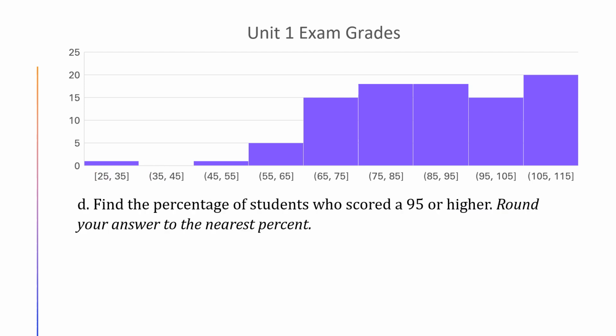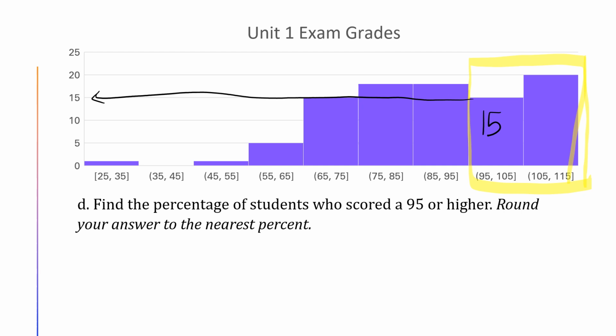And then last, find the percentage of students who scored a 95 or higher. So we're looking at all these folks. We know that there are 15 people that scored between a 95 and 105, just following this little line across.